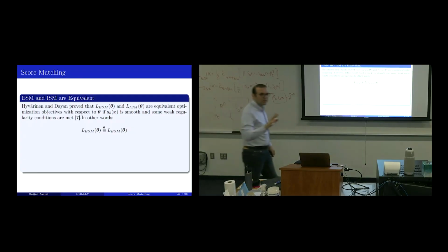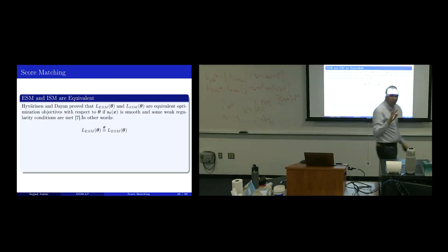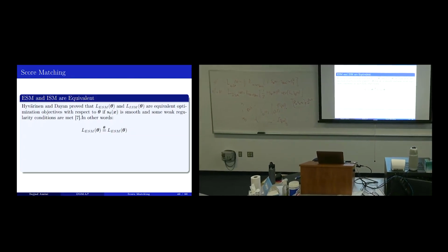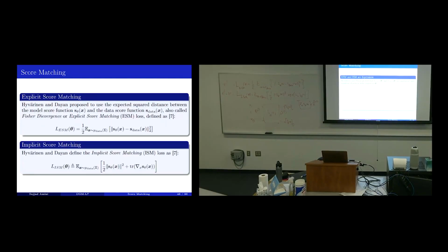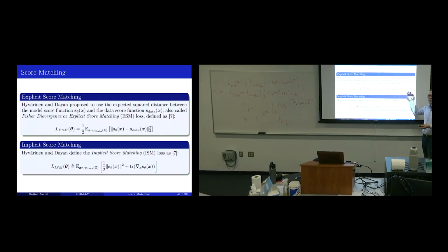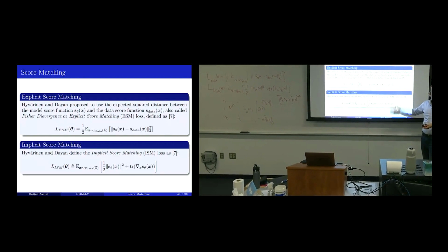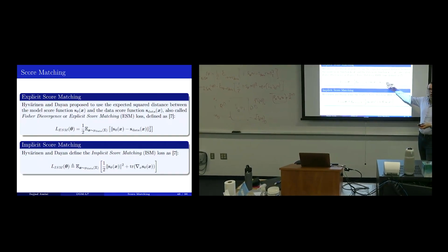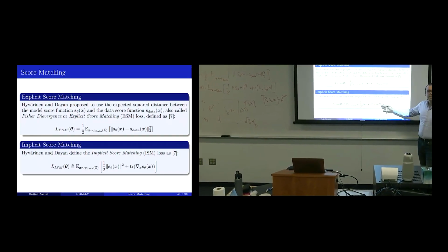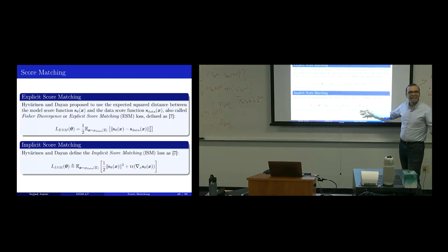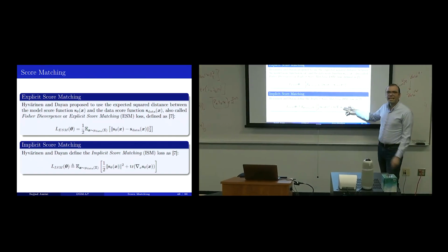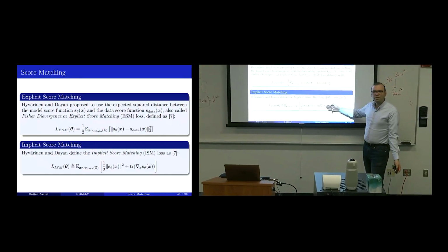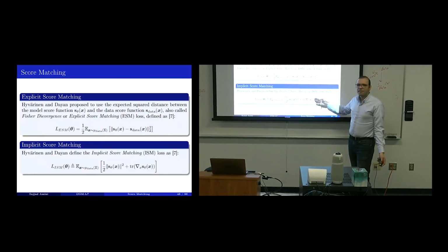We do not talk about how we can prove it, okay? But they proved that these two seemingly independent things are equivalent optimization objectives. It means that if you minimize the first one, you are exactly minimizing the second one with respect to theta, and vice versa. Because the second one is more plausible for us, we minimize it with respect to theta, and it means you are minimizing the first one.